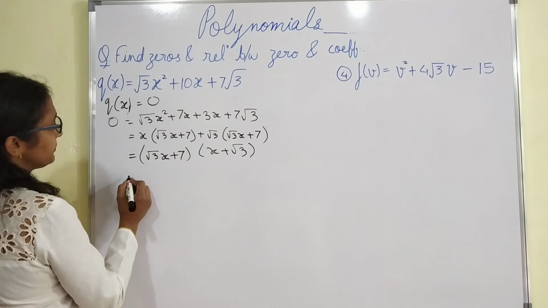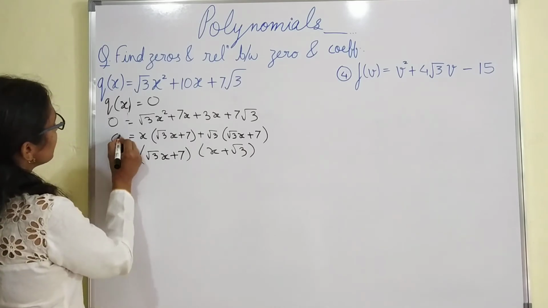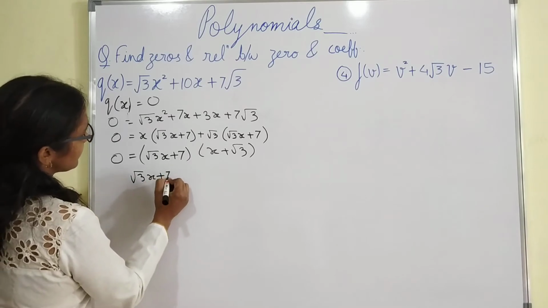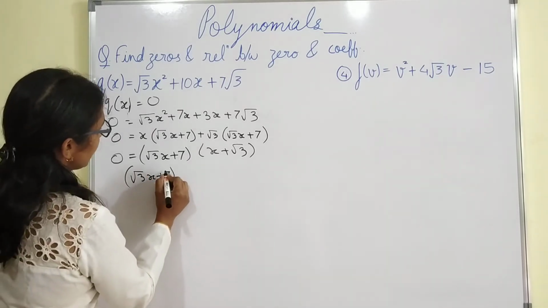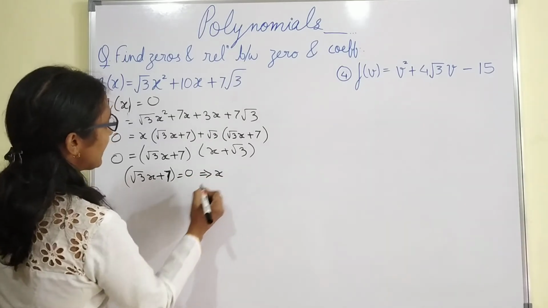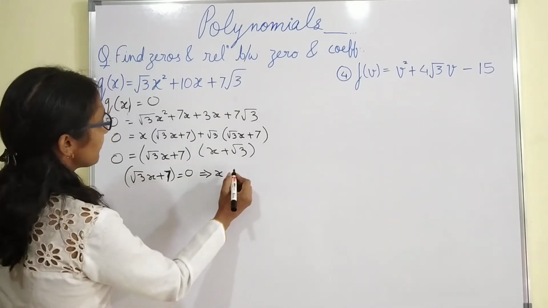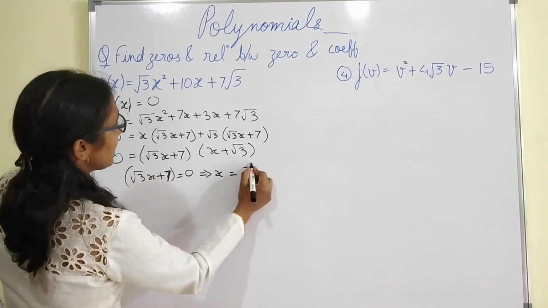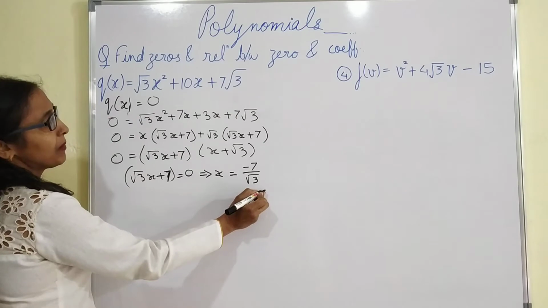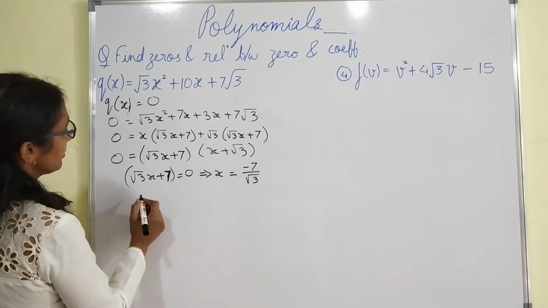Okay. So root 3x plus 7 equals 0, so the value of x will be minus 7 upon root 3.